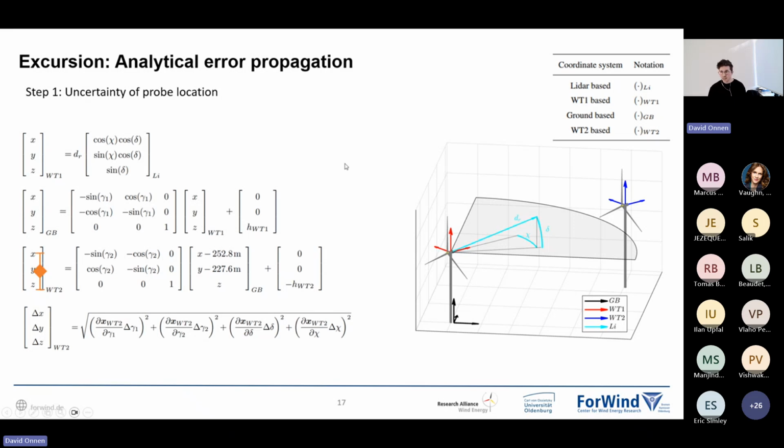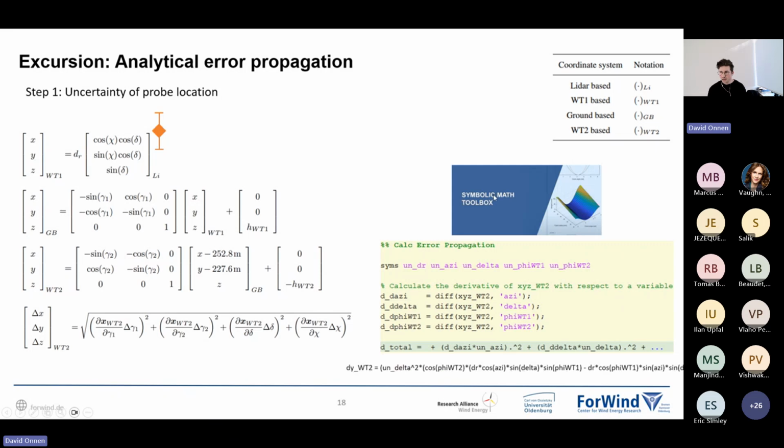Here I can give the recommendation, symbolic math toolboxes. I used MATLAB, for example. What you see here at the bottom, that's the very long output, which I would not have liked to calculate. It's just the output for the lateral wake position uncertainty.